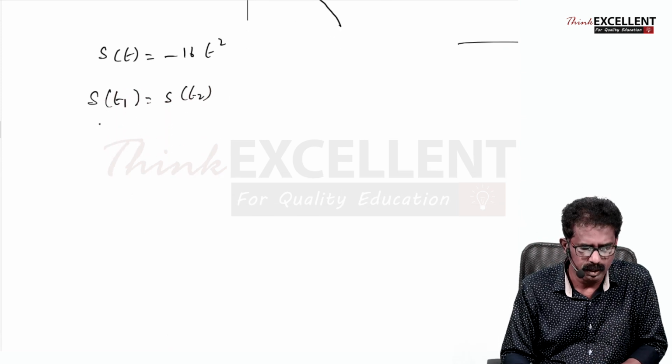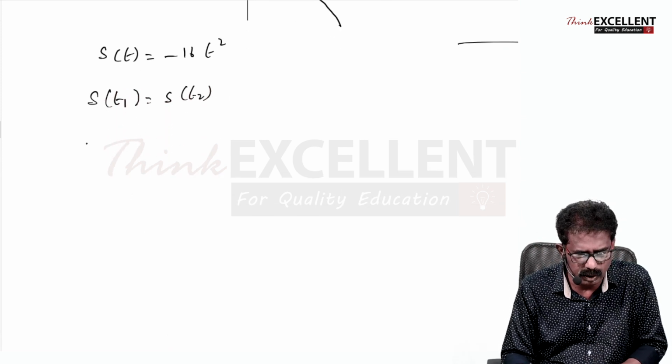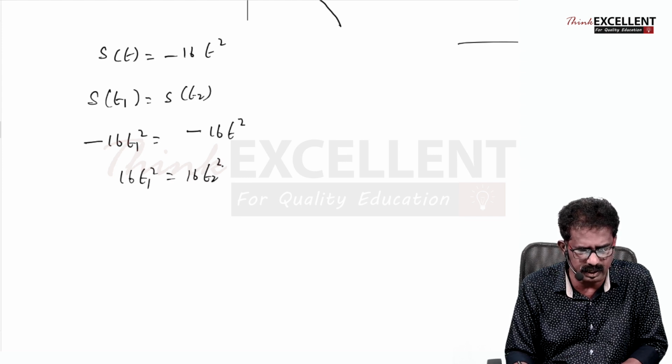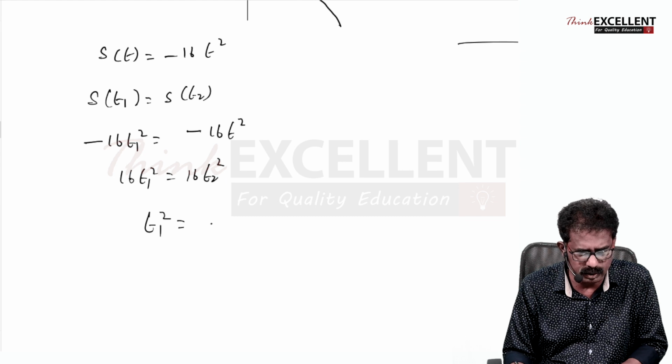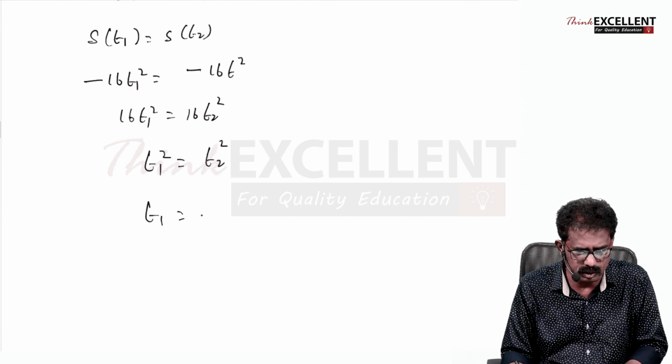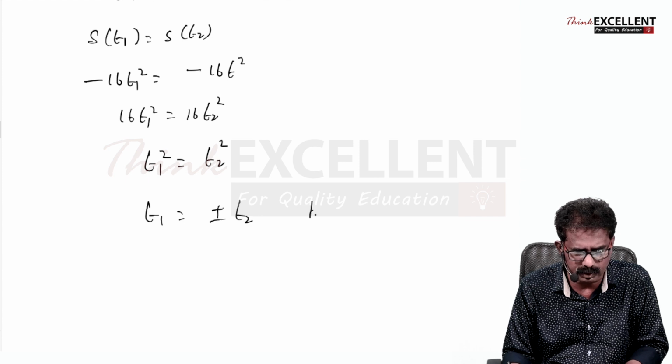It is one-one. S of t1 is -16 t1 square, equal to S of t2, -16 t2 square. Change the sign throughout: 16 t1 square is equal to 16 t2 square. Divide by 16: t1 square equal to t2 square, right? Take square root. So t1 is equal to plus or minus t2, but t2 cannot be negative.